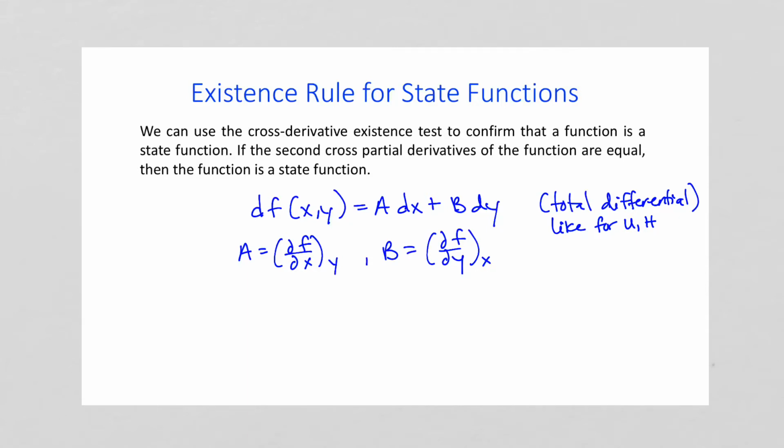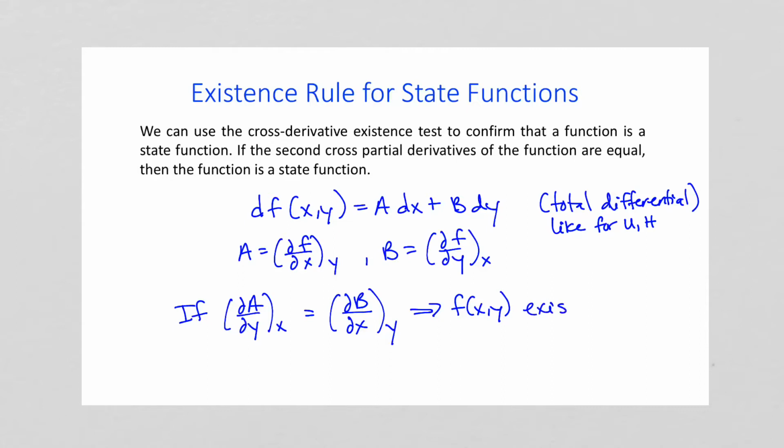What this existence rule is telling us is that if the derivative of our derivatives, the second cross partial derivative, so essentially dA/dy at constant x is equal to dB/dx at constant y, then that tells us that f of x, y exists and further is a state function.